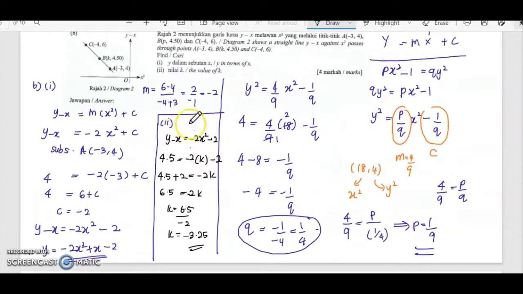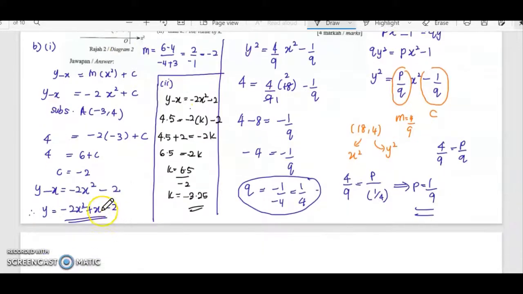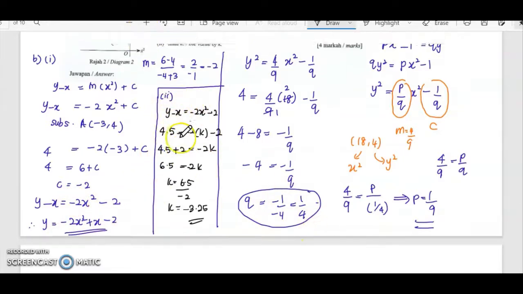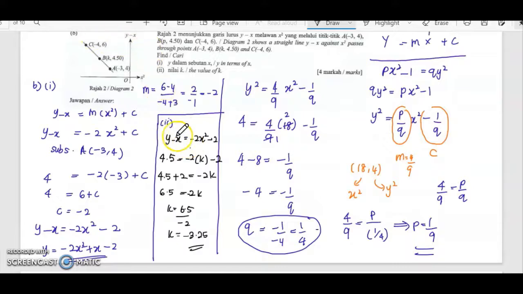Okay, the value of k here, we can determine by substituting the point B into the function y minus x equal to 2x square minus 2. So ini bentuk linear tadi yang kita dah buat. So kita masukkan point B tu. Point B, k as the x square and then 4.5 as the function y minus x.